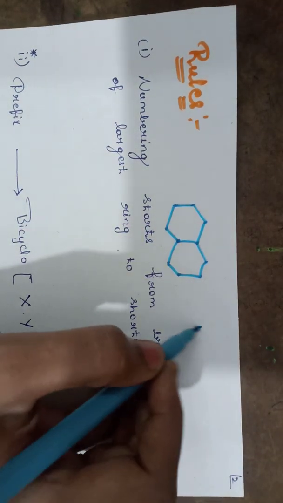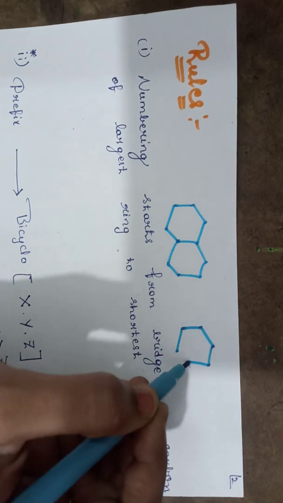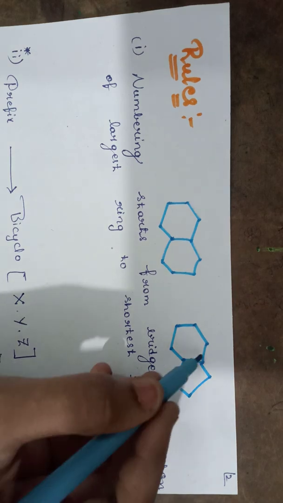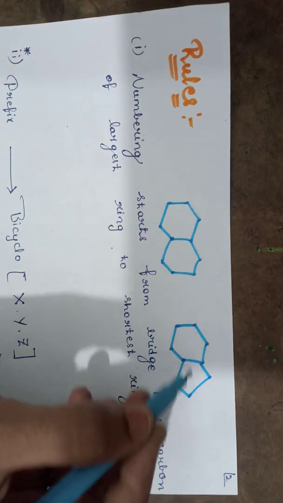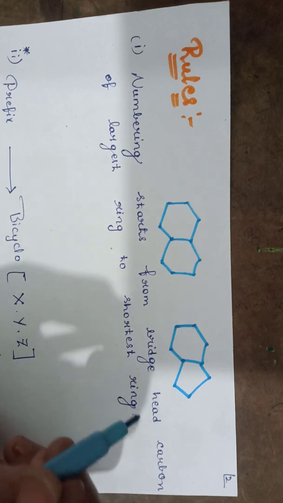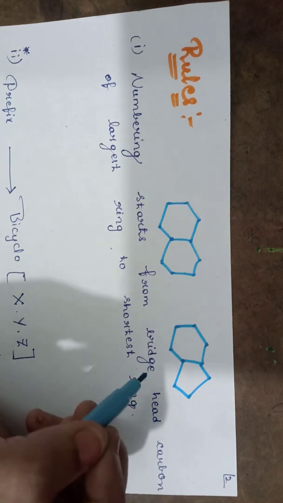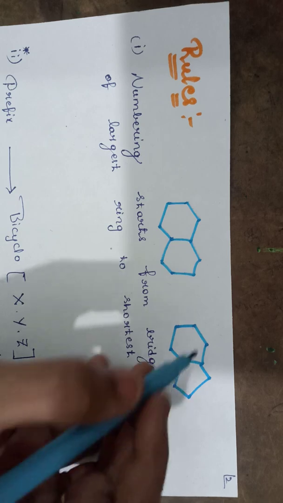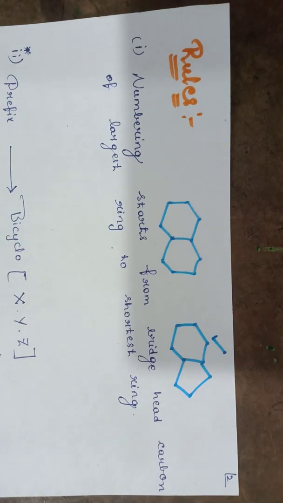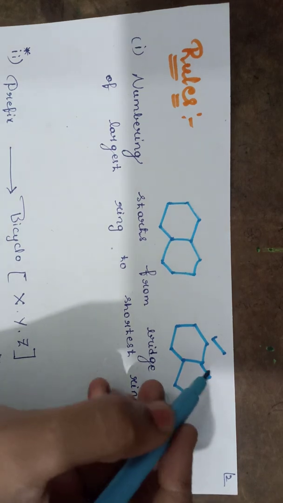If I take another example with 2 different rings, a 6-membered ring and a 5-membered ring, preference has to be given to the largest ring, and the numbering starts from the bridgehead carbons.